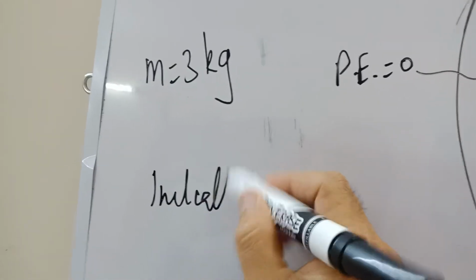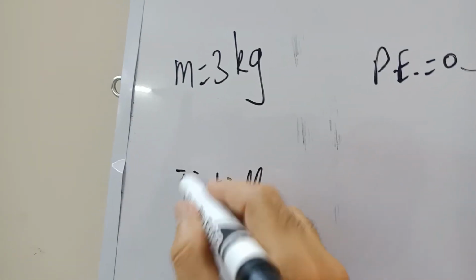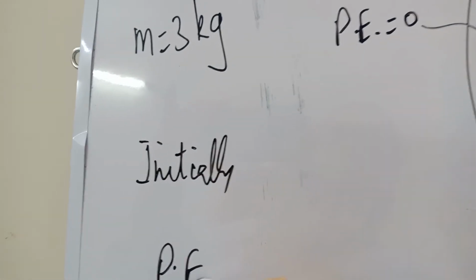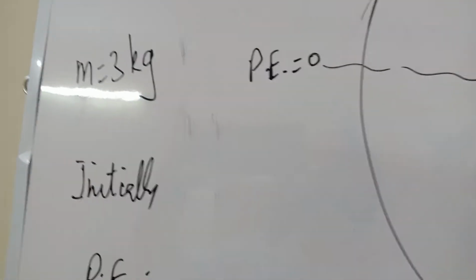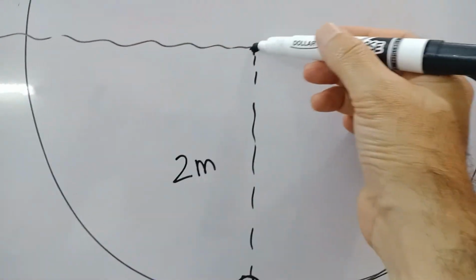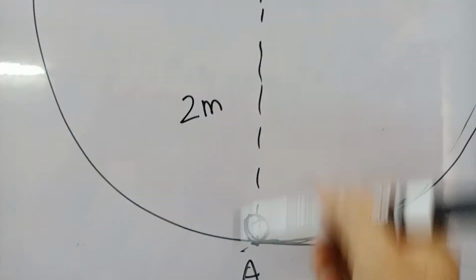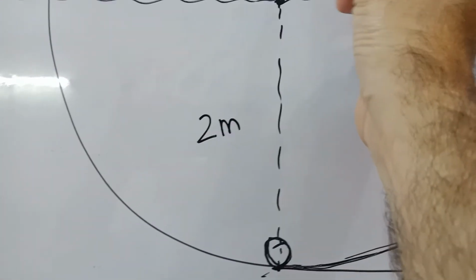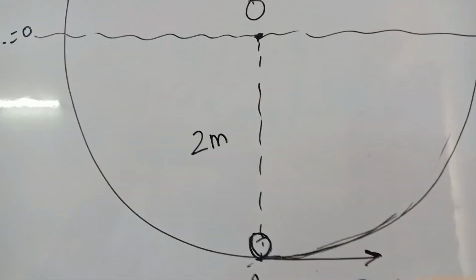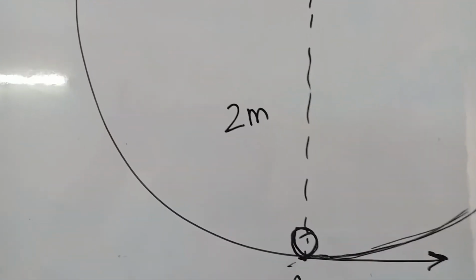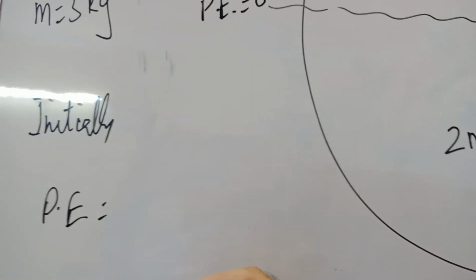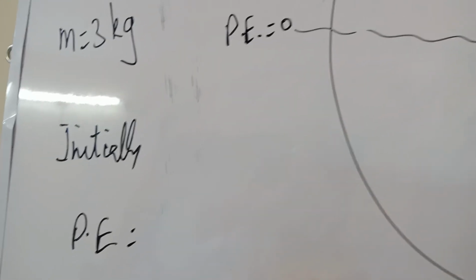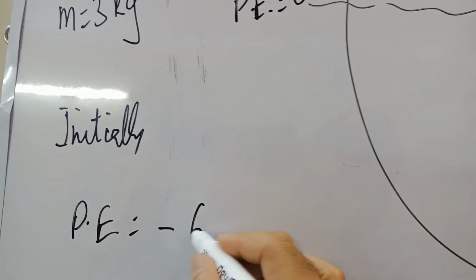Initially, its mass is given as 3 kg. A is 2 meters below the point O, so the height is -2 right now. So the potential energy initially is going to be minus mgh, that is -60 joules.